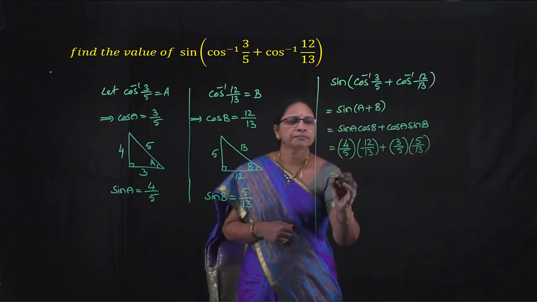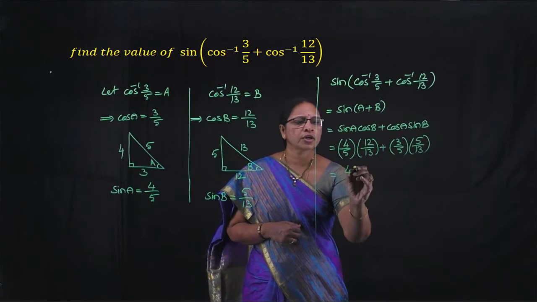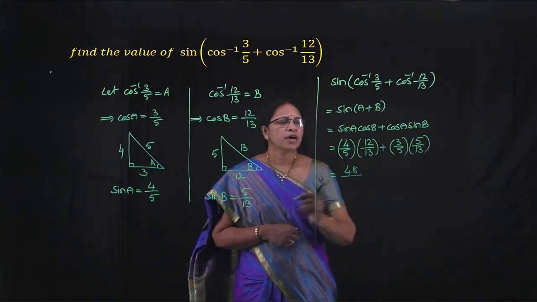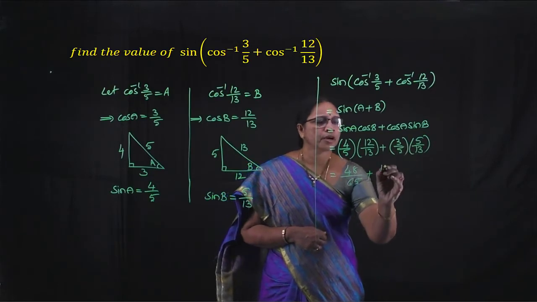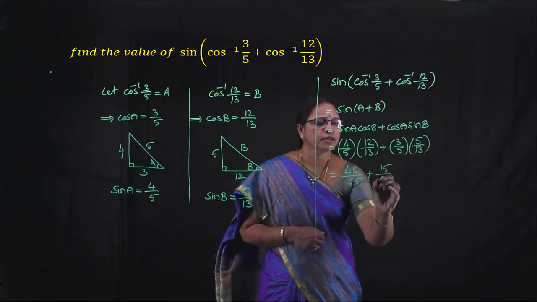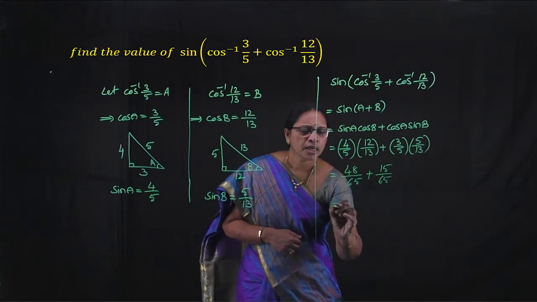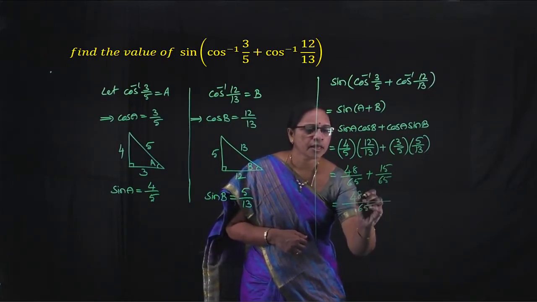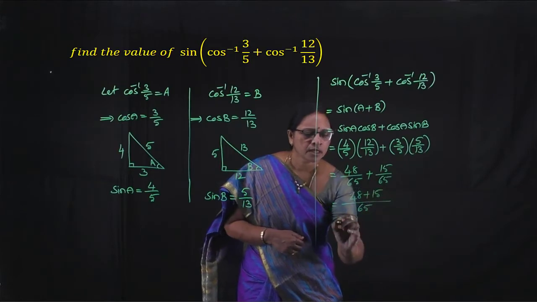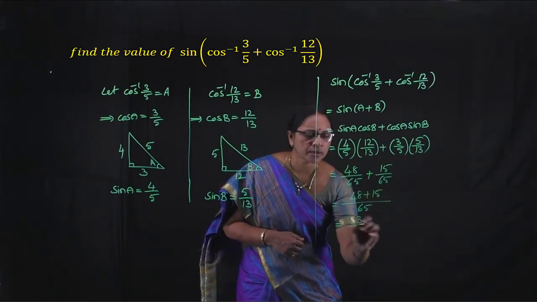That equals 4 into 12, 48 by 5 into 13, 65, plus 3 into 5, 15 by 5 into 13, 65. Take LCM, 65 is LCM, 48 plus 15, that is equal to 63 by 65.